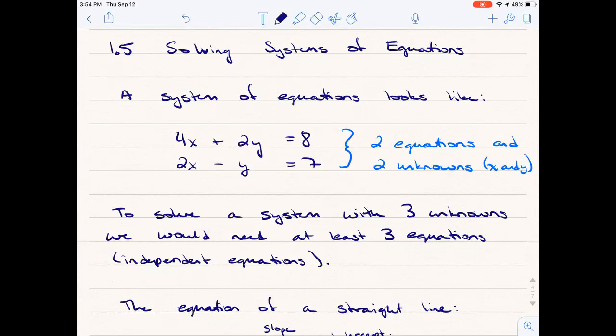That's why I liked it, because I get to add them. When I add these, I get 2y minus 2y, so now the y's disappear. That was the whole goal of it. Either way, in substitution or elimination, we're getting rid of one of the variables temporarily.